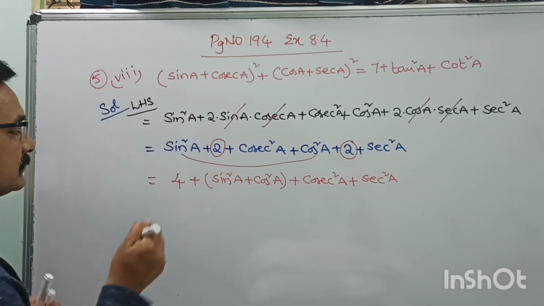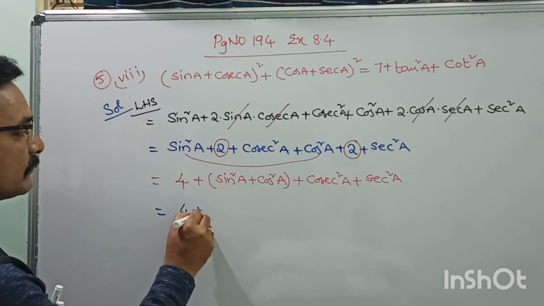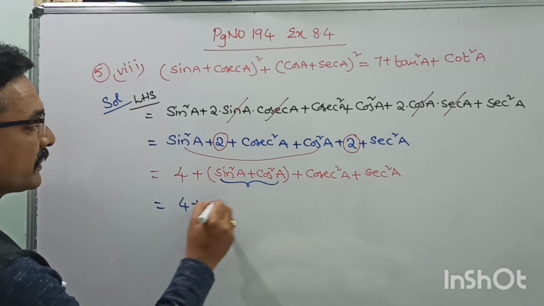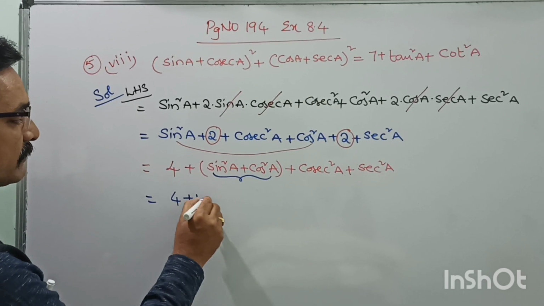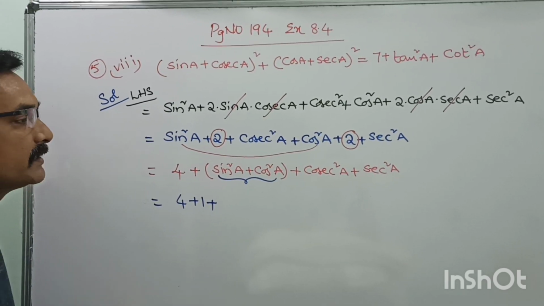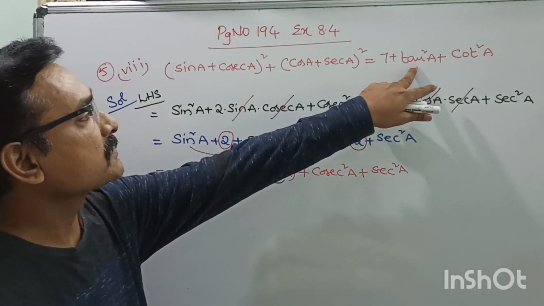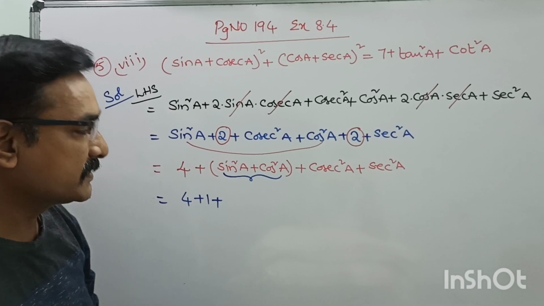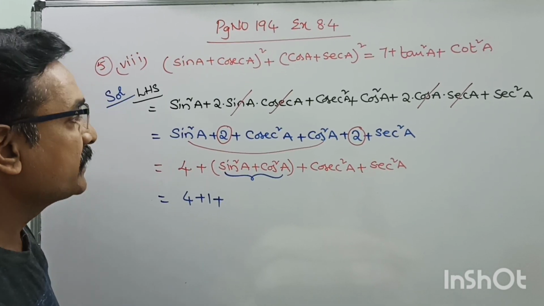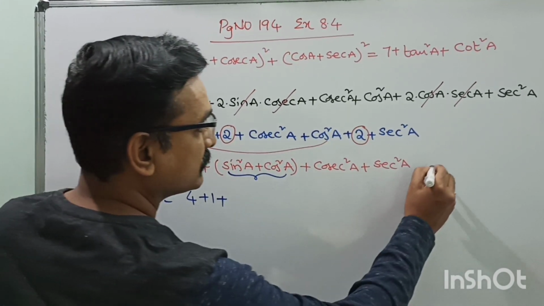Now this is 4 plus this part we will get as 1, since it is an identity: sin square a plus cos square a equals 1. Plus, in the question they asked for tan square a and cot square a, and we have the terms cosecant square a and secant square a. Use the identities. We have the identities here.